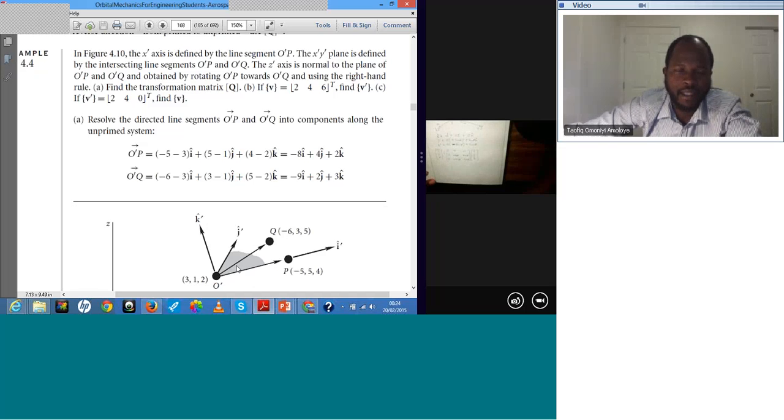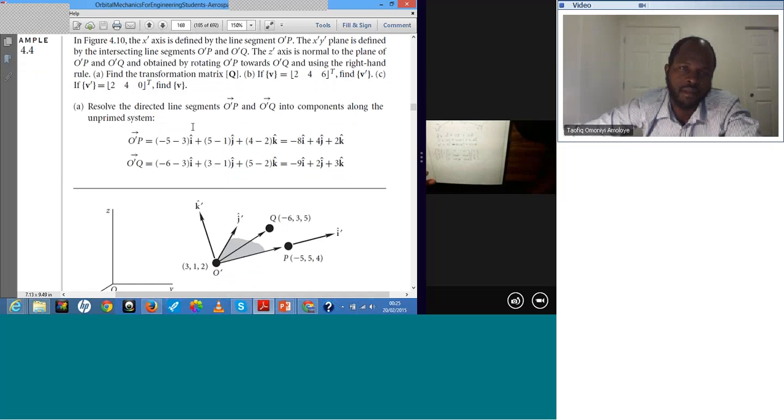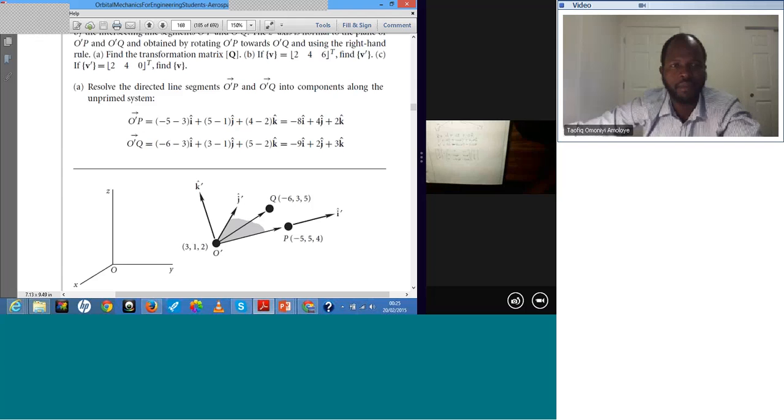Using the right hand rule, find the transformation matrix Q, and if there's a vector given by this, find the vector in the primed axis. And if you have a vector in the primed axis, find the vector in the unprimed axis.